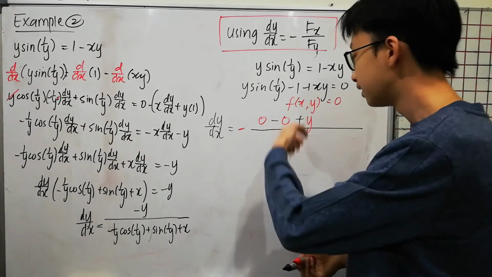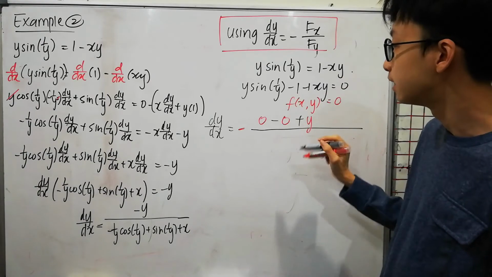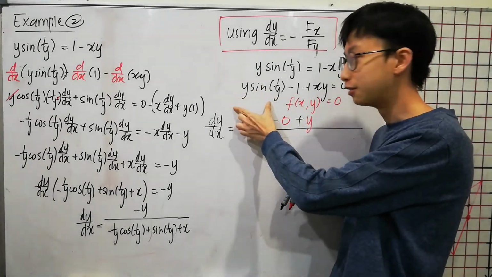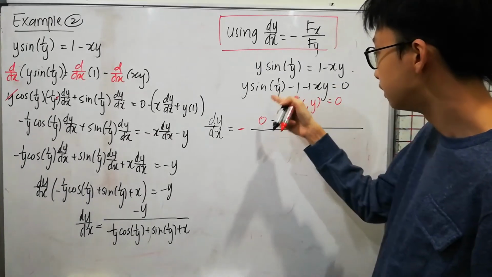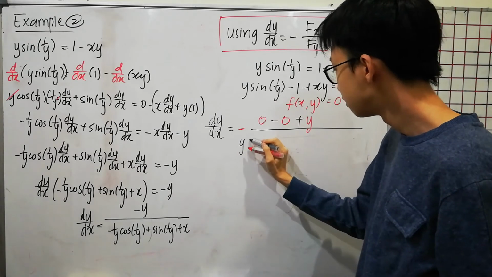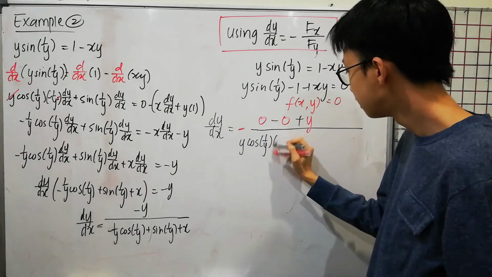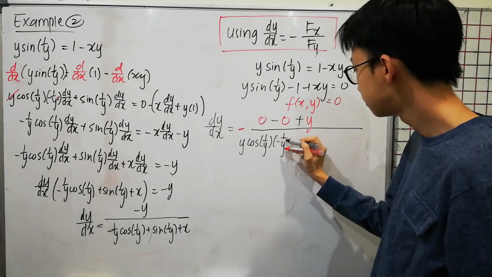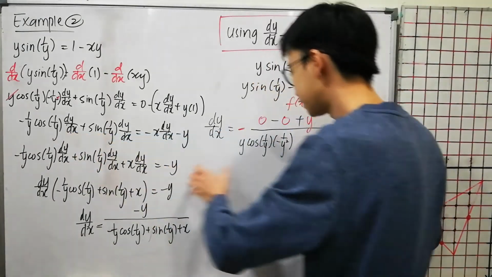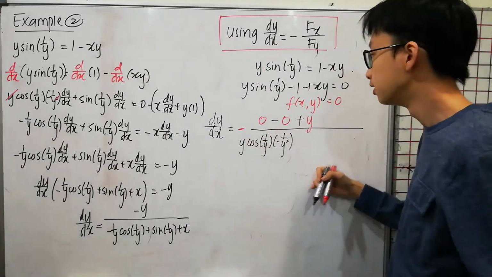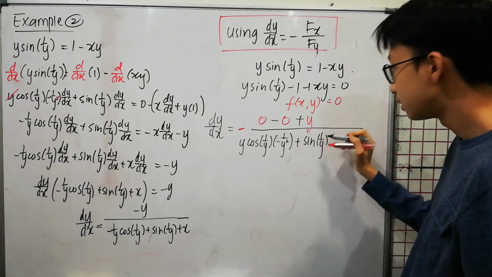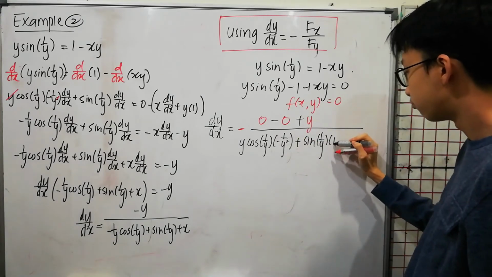Then for the denominator, this is slightly more complicated. We still have chain rule and we have product rule, but never mind. We differentiate with respect to y. So first is a product rule. y cos 1 over y, negative 1 over y squared. We don't have to write dy dx again like this because it is the same variable. Then plus sine 1 over y times 1.